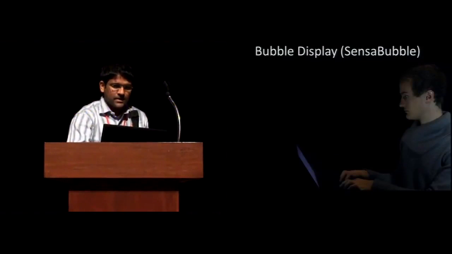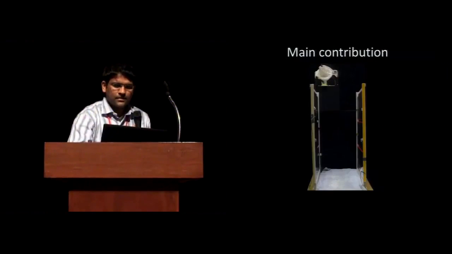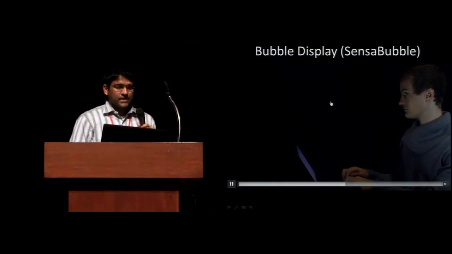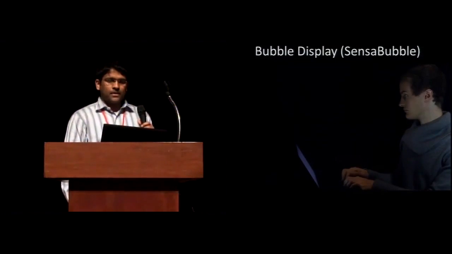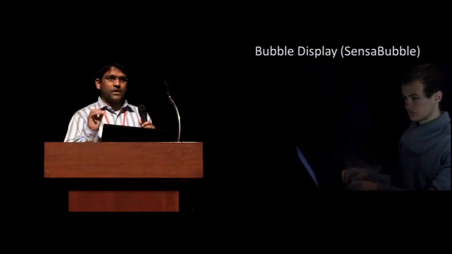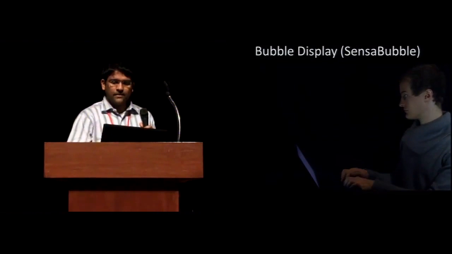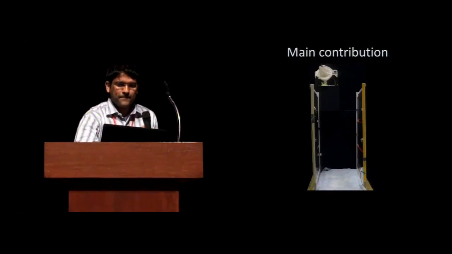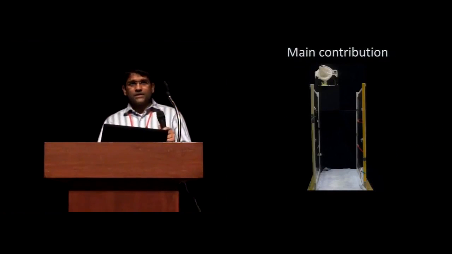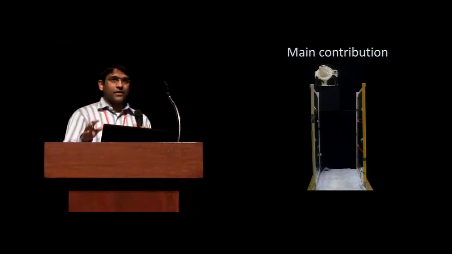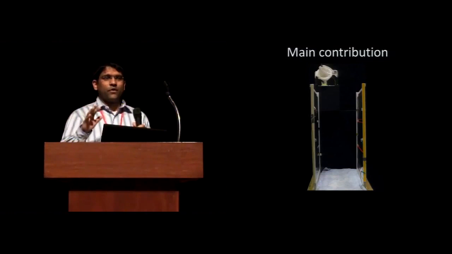Another example is the bubble display, such as SensaBubble, where users are given multimodal information such as display, visual, and smell. So the main contribution of this talk is a method of how to control fog in 3D space.